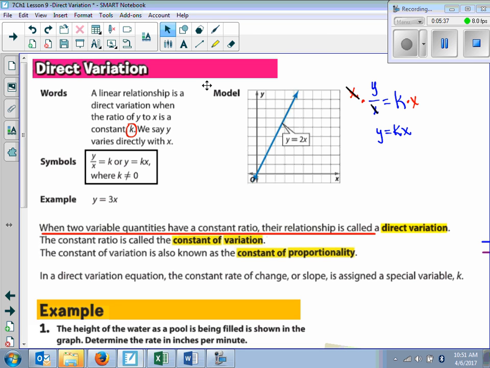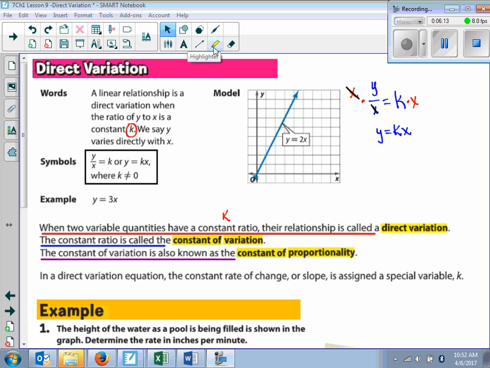And of course, that constant ratio is the k that we were talking about, right? The constant ratio is called the constant of variation. So k is the constant of variation. And the constant of variation is also called the constant of proportionality.